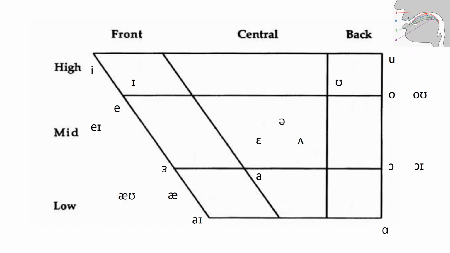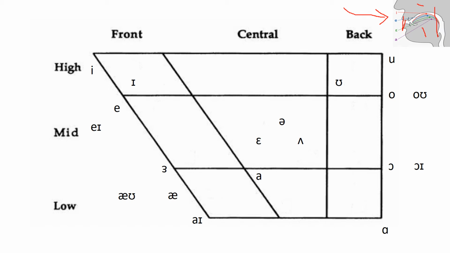Alright, so this is the vowel phoneme chart, and this is a diagram of our mouth. I have here a side view profile for you to understand the position of this chart compared to the actual mouth. Again, this is the front, this is the back, the open, and the close.